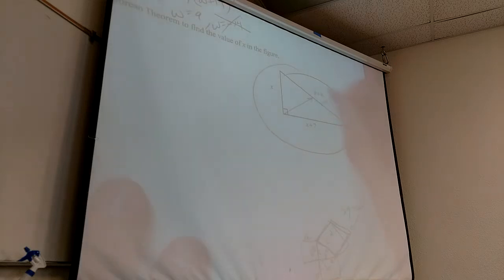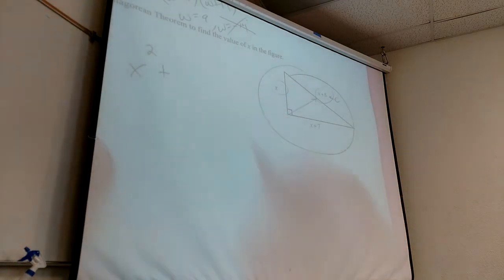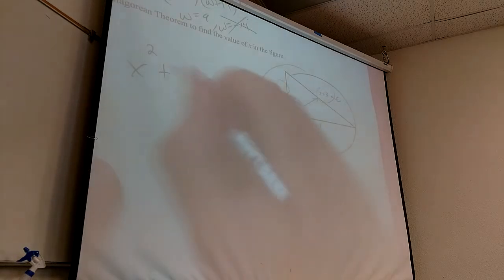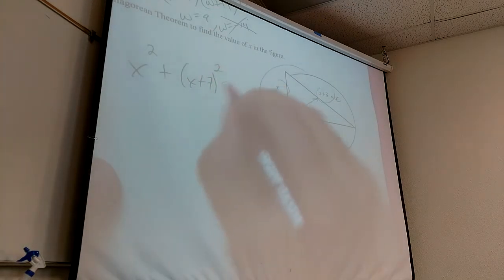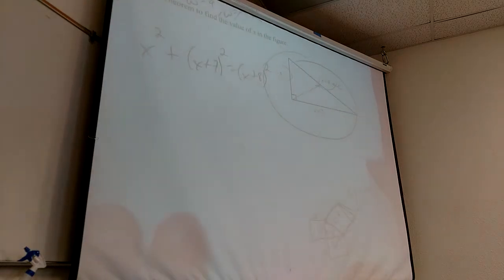So that's going to be C. It doesn't matter which one's A and B. So how's this formula going to work now? One side squared plus the other side squared equals the hypotenuse squared.